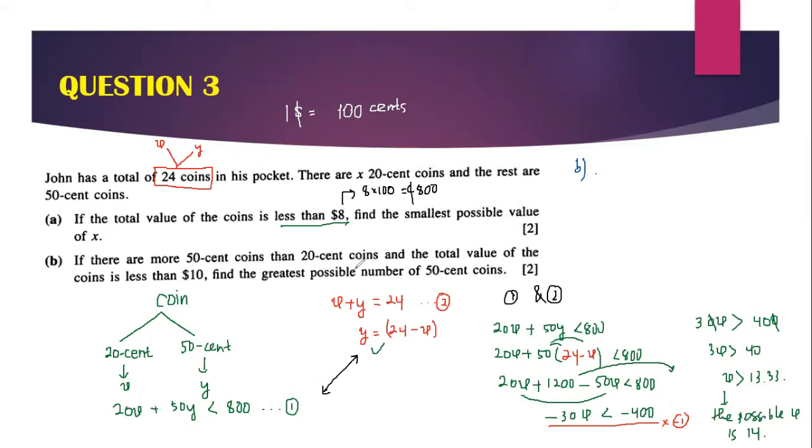It means Y is greater than X. The 50-cent coin has more numbers than the 20-cent coins, right?